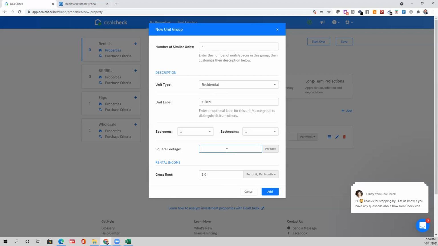Square footage, these were approximately 450 to 630, so we'll just split the difference, 550. And these weeklies were 250 to 260 on average, so let's just do 255 per week. Don't forget to change this. This will completely screw up your underwriting.